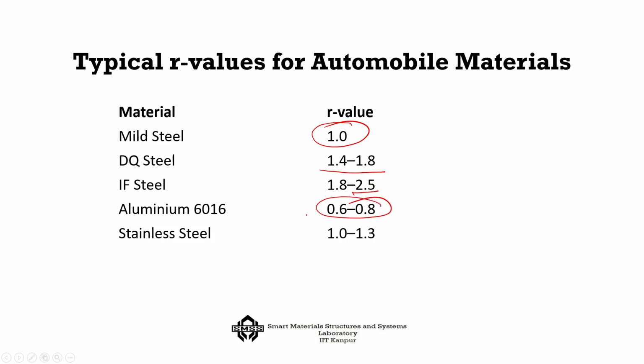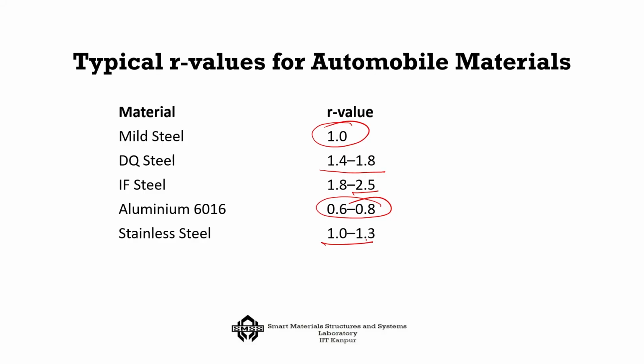See, that is one of the points where later on I will discuss that even though aluminum can be used to make a very lightweight automobile, because its drawing quality is very small, it will have a thinning of the thickness, and that would mean that aluminum is susceptible to failure during the drawing process.